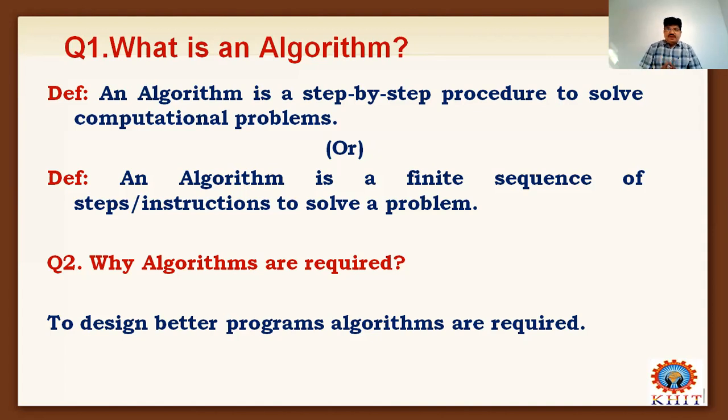An algorithm is a step-by-step procedure to solve computational problems. Another definition: an algorithm is a finite, not infinite, remember here, finite sequence of steps or instructions to solve a problem. That is known as an algorithm.